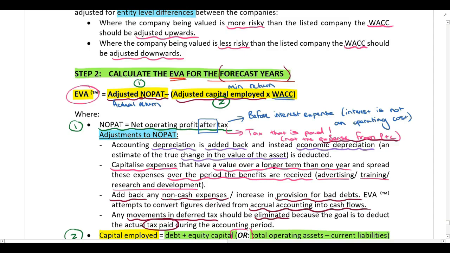The WACC represents the minimum return that investors want. So if we take the value of debt and equity and multiply that by our WACC, that gives us the minimum return. We compare that to our actual return. If it's positive, value has been created. If it's negative, value has been destroyed. So you are going to perform that calculation for all of the forecast years.